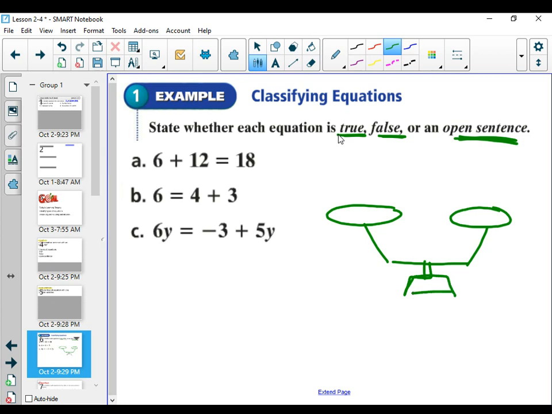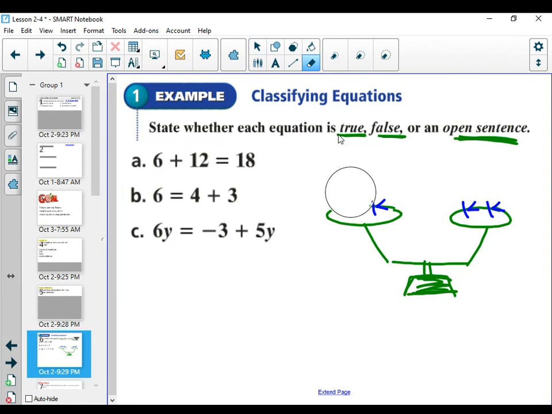I'm not a great artist, but it looks a little bit like this. If you had 2 kilograms on this side, and 2 kilograms on this side, they should balance out.